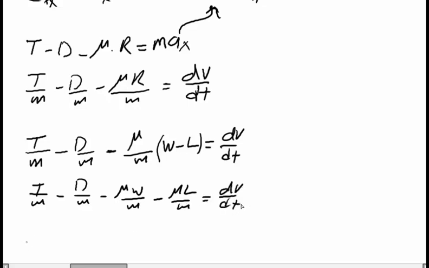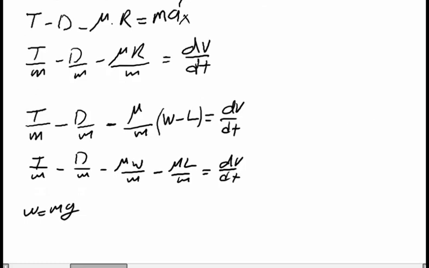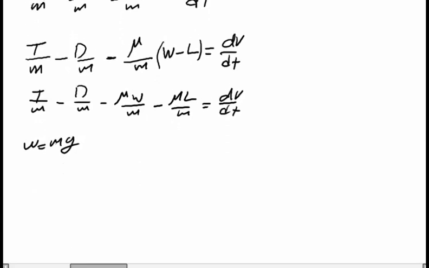We know weight will be equal to m times g. G is the gravity acceleration, m is the mass of the aircraft, and W is the weight of the aircraft.